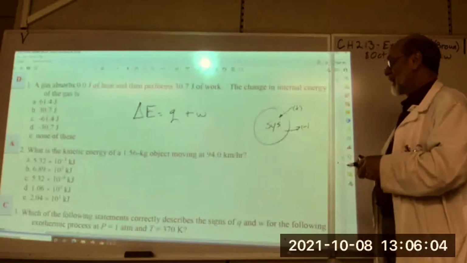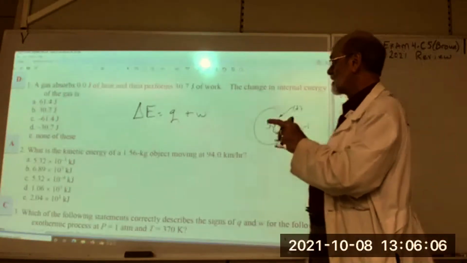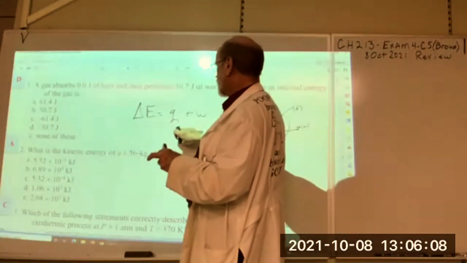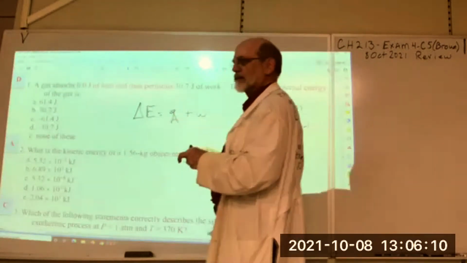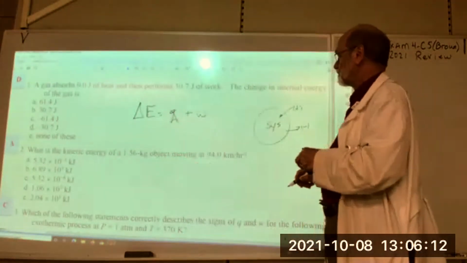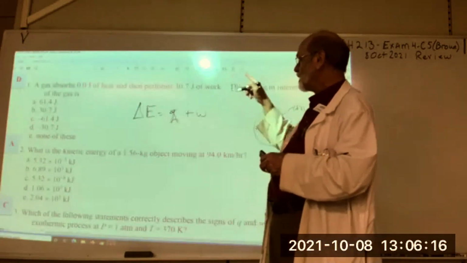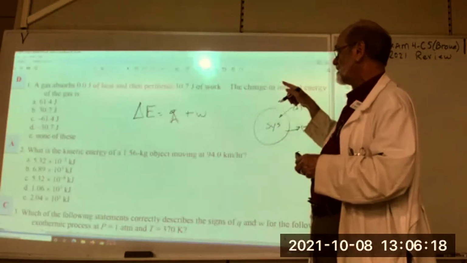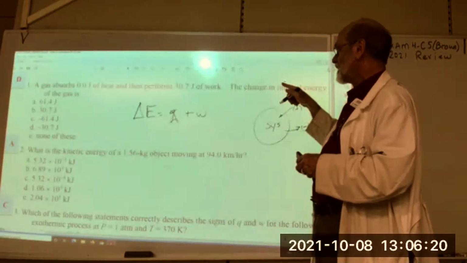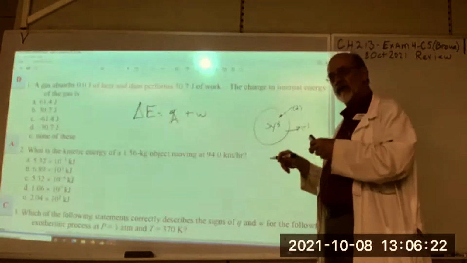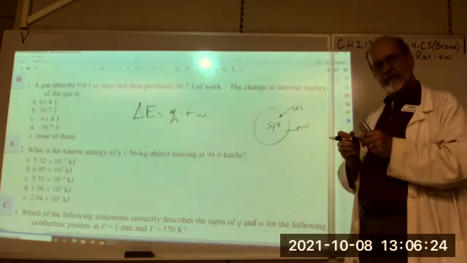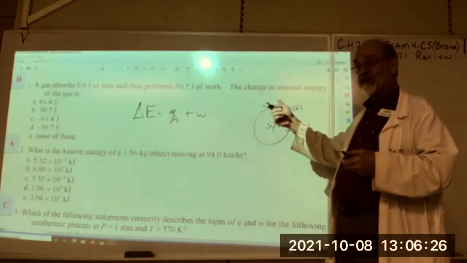So we've got to ask ourselves, since there's no heat change, that term drops out. That's 0. But there's work being done. So if the gas performs work, we have to decide what is the system. Well, the system is the gas.